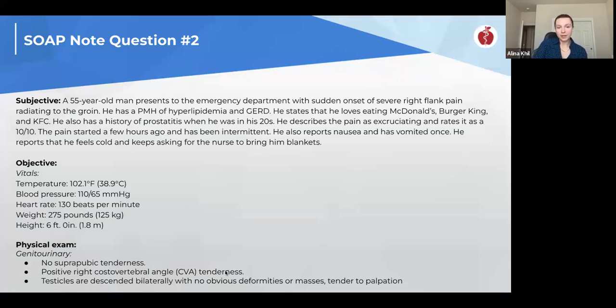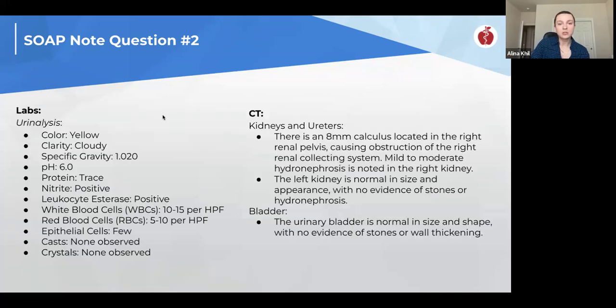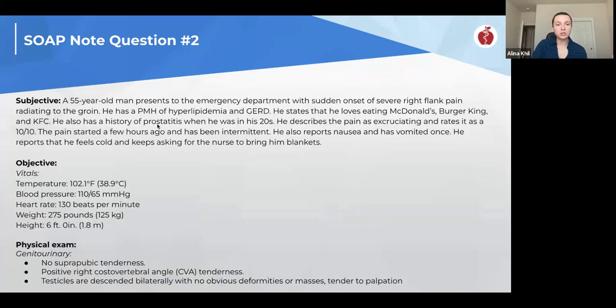We do have positive CVA tenderness, which really puts me towards the kidney and urinary system. And then testicles descended bilaterally, no obvious deformities or masses. Okay, so maybe not a testicular issue. And I remember there was that answer choice about testicular torsion. So without tenderness, probably unlikely that's the correct answer.